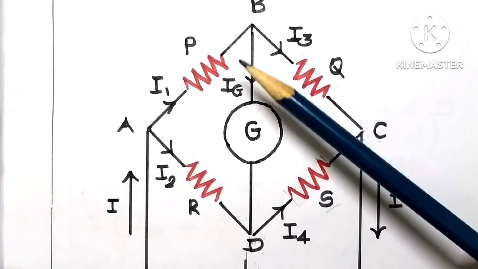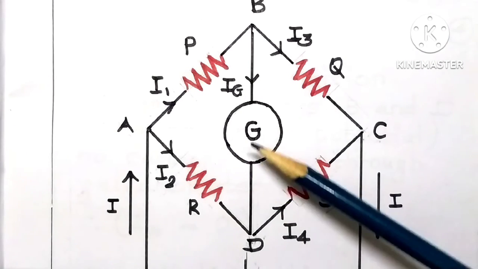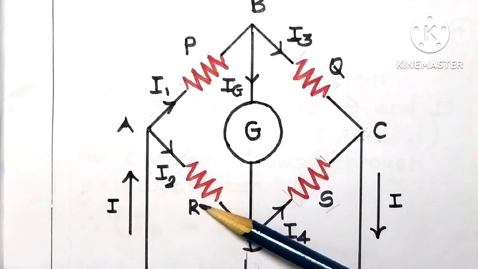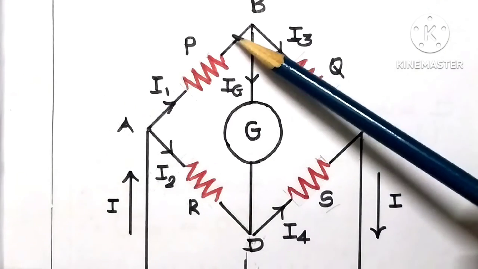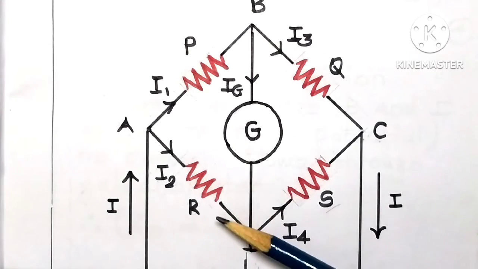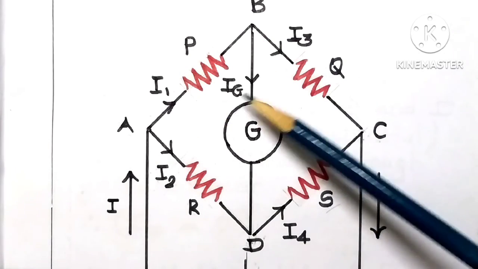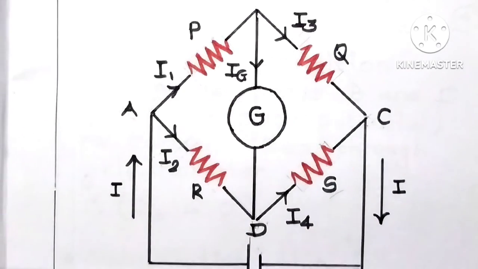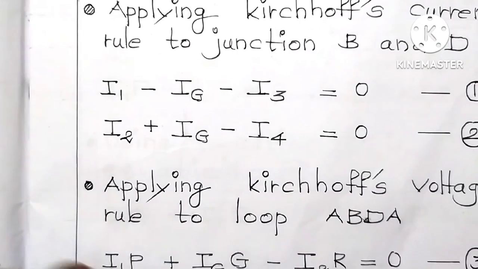I1P and IgG are given positive signs, whereas I2R is given a negative sign. Moreover, in this loop, there is no cell at all, so there is no EMF at all. So EMF is taken as 0. Now come to this equation.